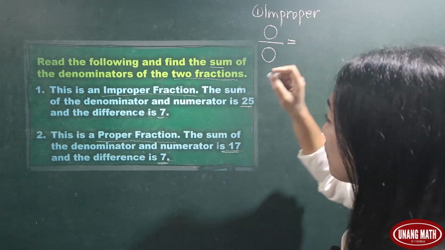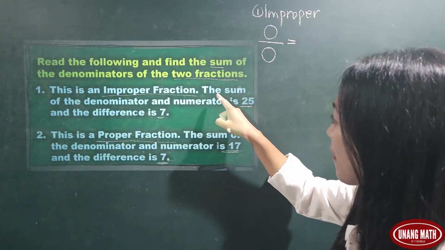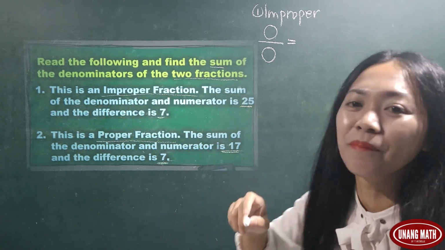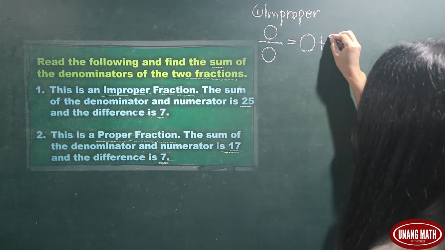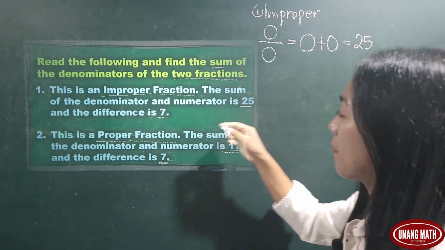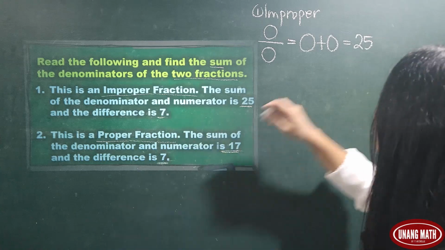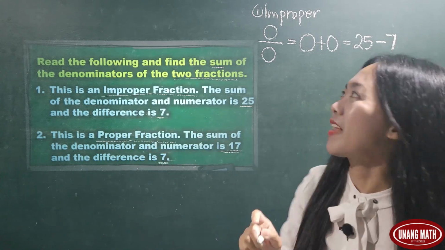So, according sa condition ng improper fraction, ang sum of the denominator and numerator is 25. So, ang denominator plus ang numerator ay equal sa 25. And the difference is 7. So, minus 7 because difference is 7.